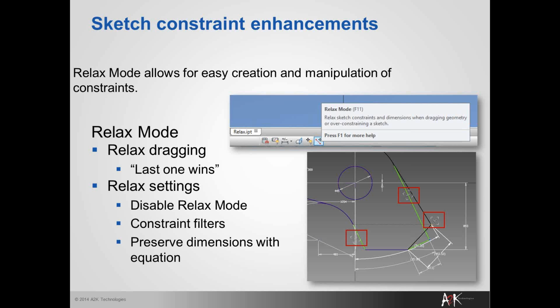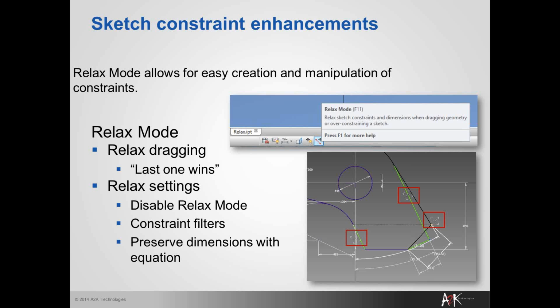It doesn't break any of the parametrics in the sketch, so we can maintain even some of our core design dimensions as well. And it basically works on a last in basis, so the last constraint that was placed in on that sketch is the one that is held or maintained.